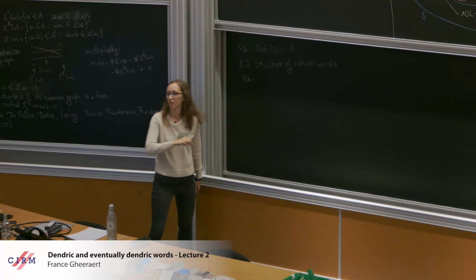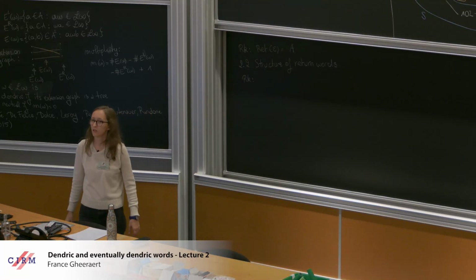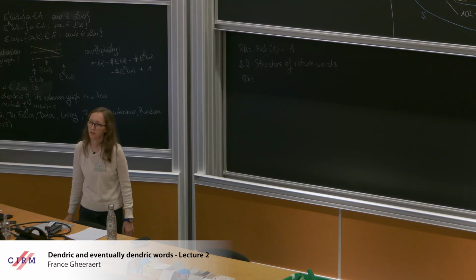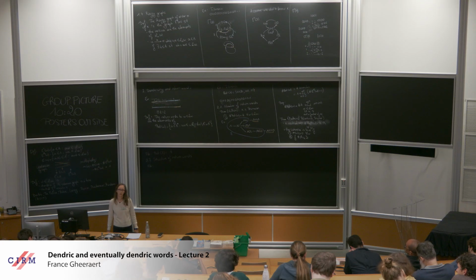I'm sorry, this is the question I meant to ask. It says dendricity is related to Rauzy graphs, but from the definition, it's clearly visible from the extension graph. So my question is, what's the precise relation between the extension graph and the Rauzy graph? You just said it's not clear how to read dendricity on the Rauzy graph.